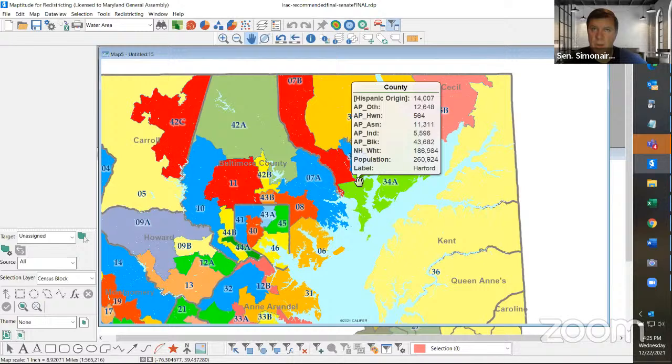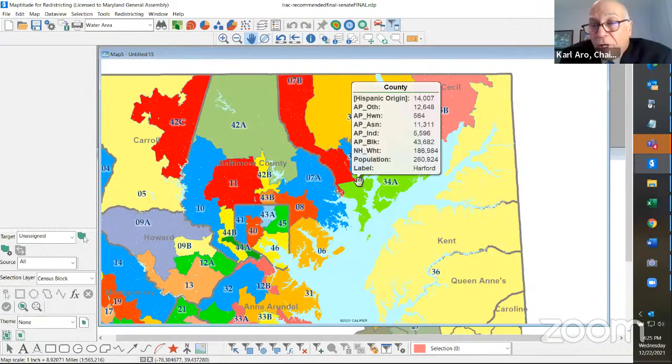So 38 must be well underpopulated. No, 38 is at 2.18. So they're all overpopulated. I thought you said because of the population, you had to increase it. It just seems like you're making the deviation higher, which is driving it north, not because of the population. It's just the drawers of the map chose to make a higher deviation for the Eastern Shore.